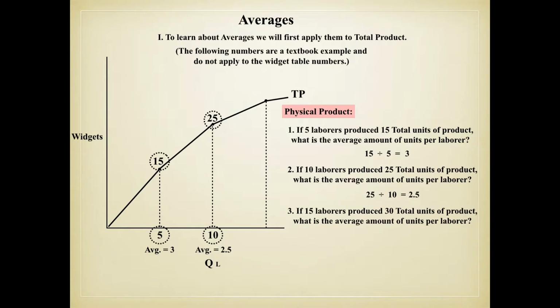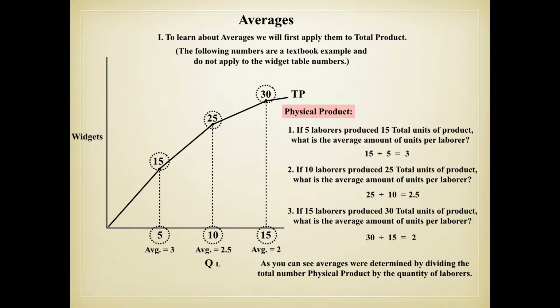Number 3, if 15 laborers produced 30 total units of product, what is the average amount of units per laborer? 30 divided by 15 equals 2. As you can see, averages were determined by dividing the total number of physical product by the quantity of laborers.